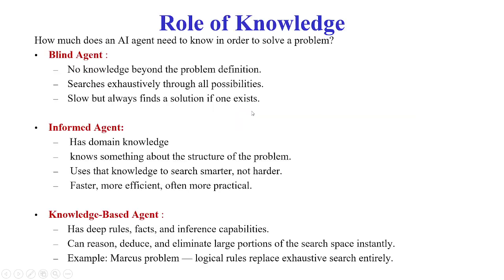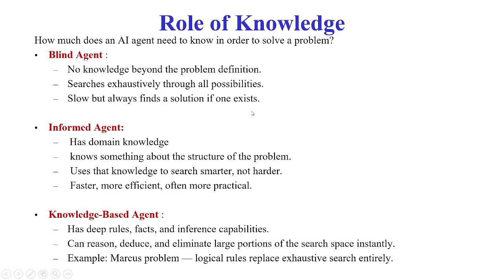With the title slide, we understood that, given a problem, the agent must have some knowledge about that particular environment. Only then will it be easy for the agent to find the optimal solution.